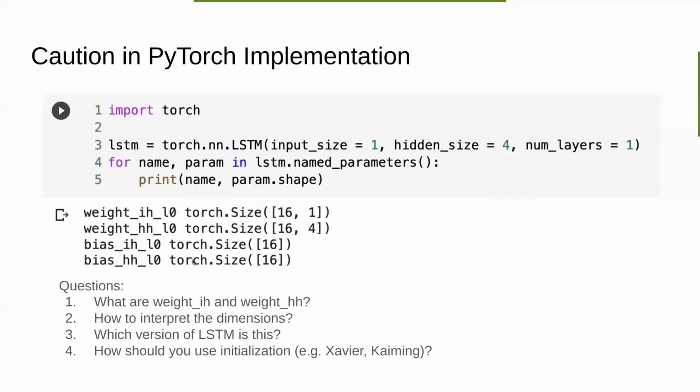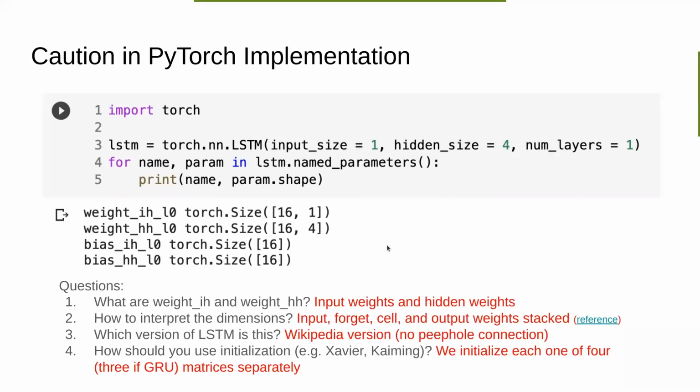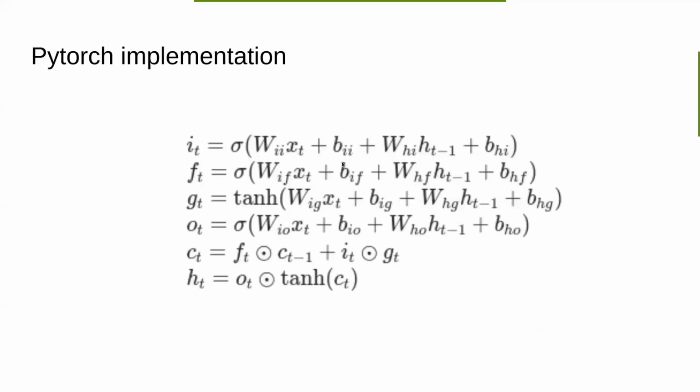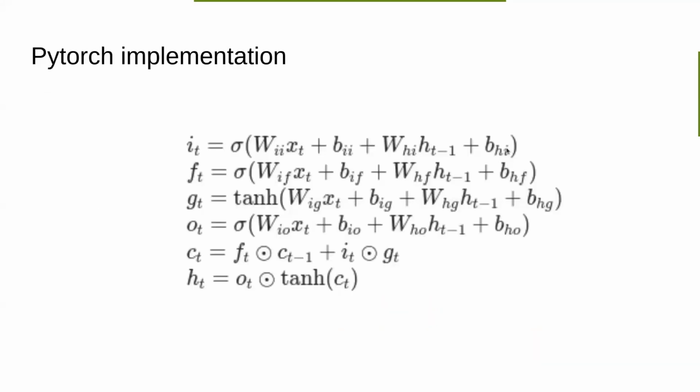Now, trying to answer these questions, let's look at this implementation and figure out what the answers would be. Weight_ih is for the input weights and weight_hh for the hidden weights, just as we've seen here. 16 here you can think of as the batch size, and since it's ih, which is being multiplied with the input, it's actually 1 because that's what the dimension is.